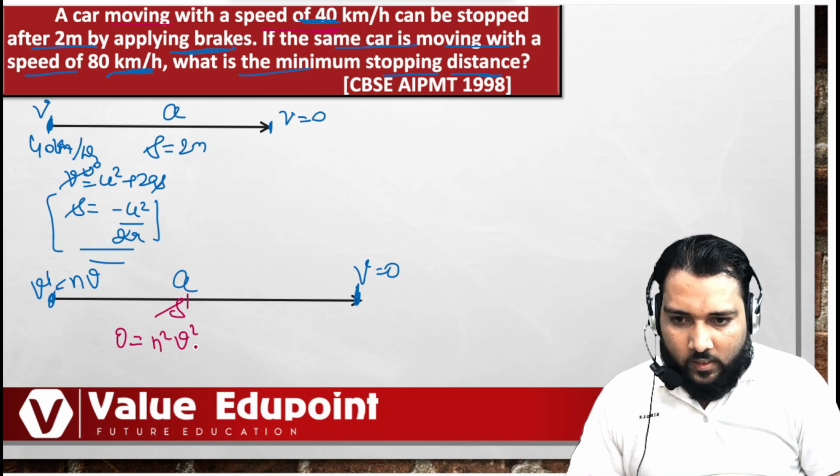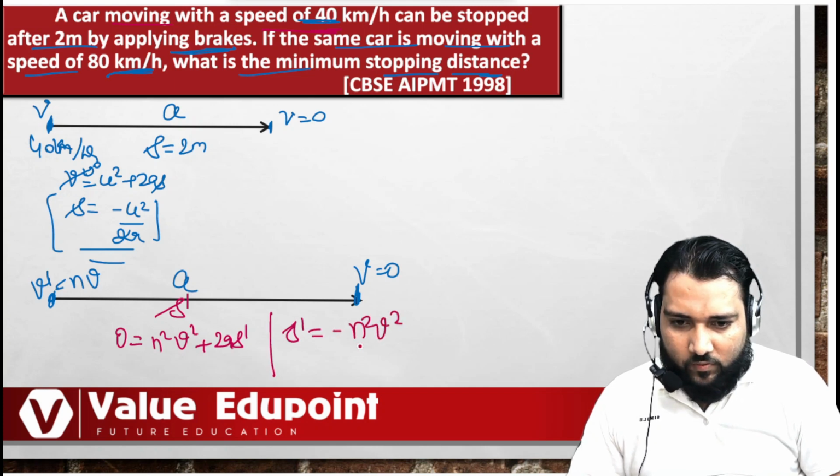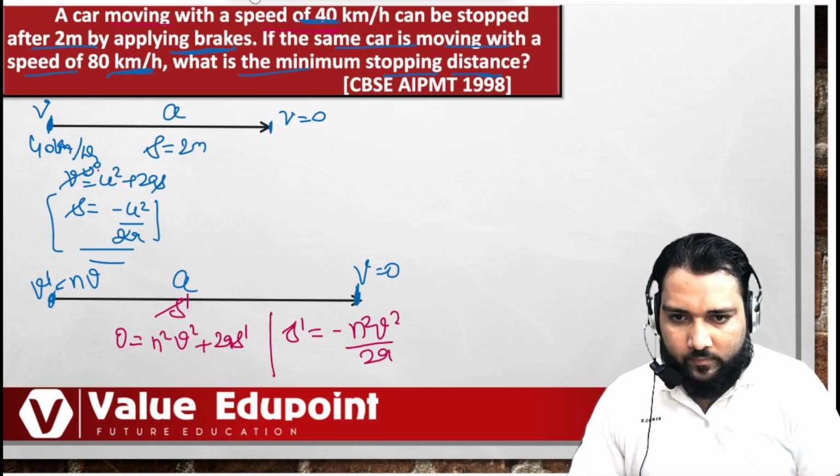Plus 2a s dash. So the s dash will come out to be minus n square v square upon 2a. Over here I am taking u square, that is the same, guys. Sorry, you can take u, no problem.